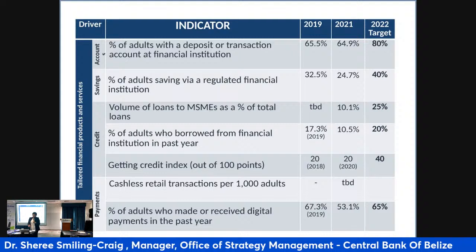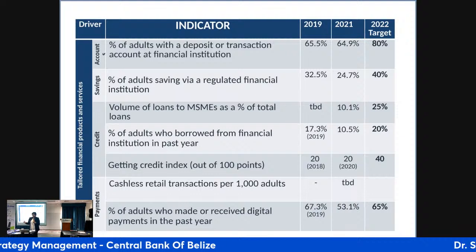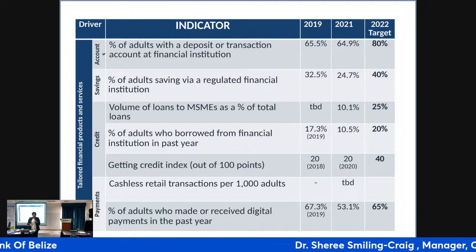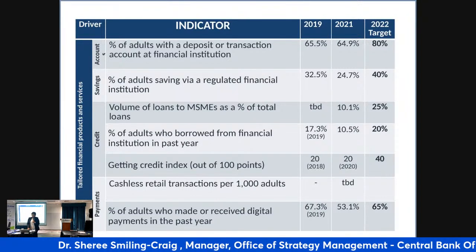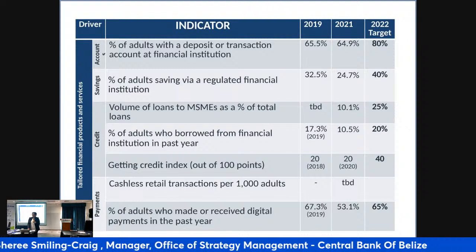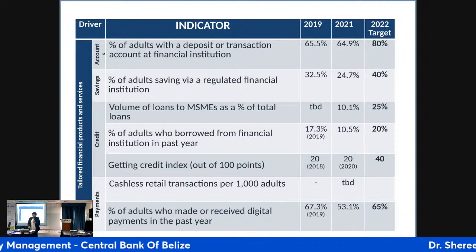And then the percentage of adults who receive digital payments, clearly we want that to go up. We said 65%. In 2019, we bettered that figure, but in 2021, people are less, they don't want to use digital payments, or they stop using digital payments because of concerns about the economy at the time.